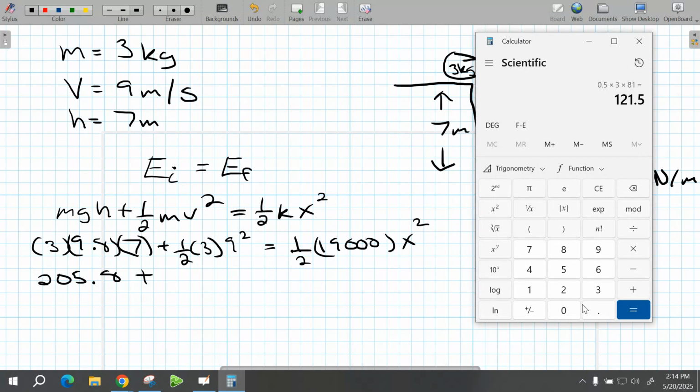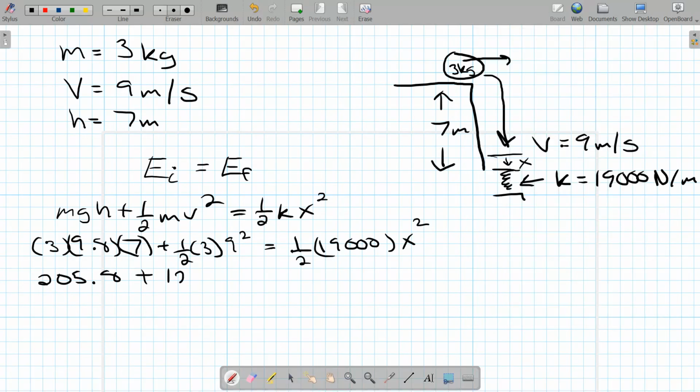So it's 121.5. Equals, what is that, 8,500? Or is it 9,500? Yeah, 9,500.